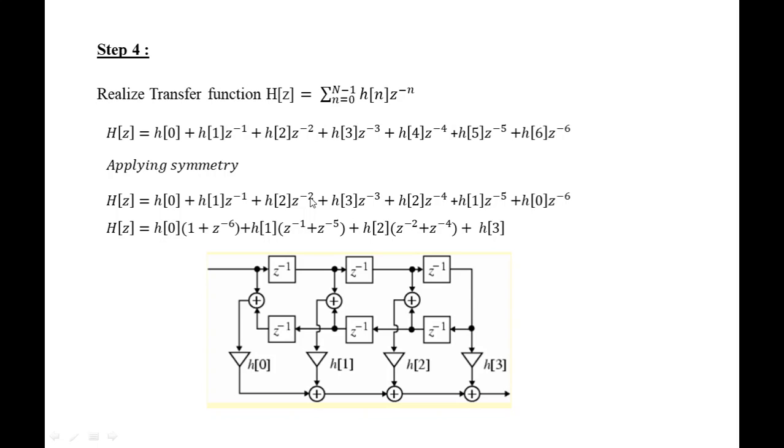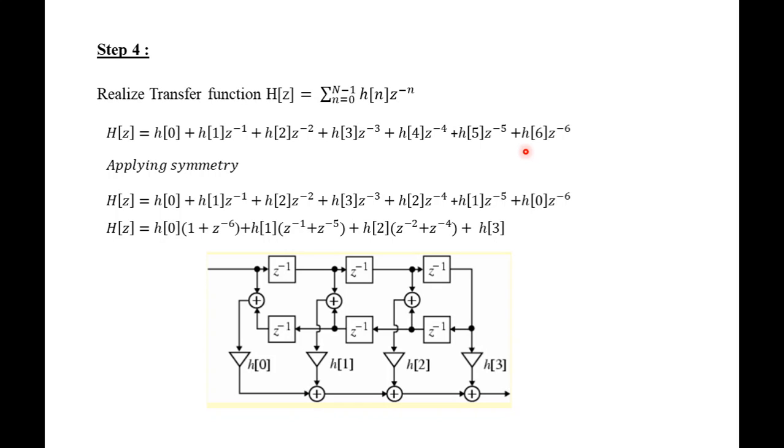So step number 4 is to finally realize the transfer function of this filter based on the filter coefficients. So we know the formula for the Z transform, h of z equal to summation n equal to 0 to n minus 1, h of n z power minus n. So substituting for n equal to 7, we obtain h of z equal to this equation.